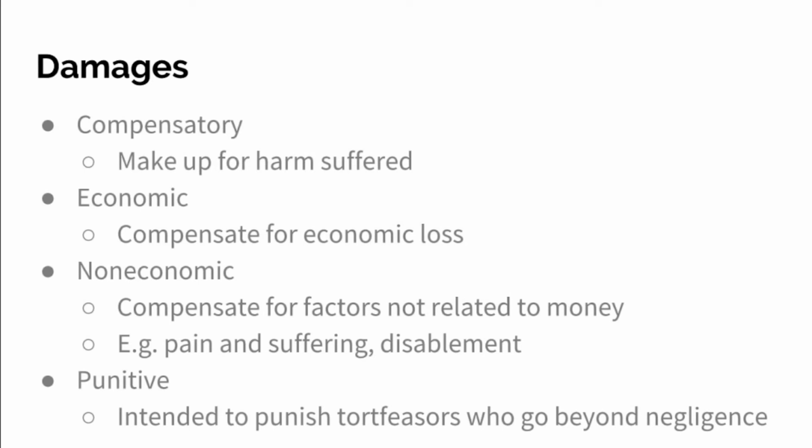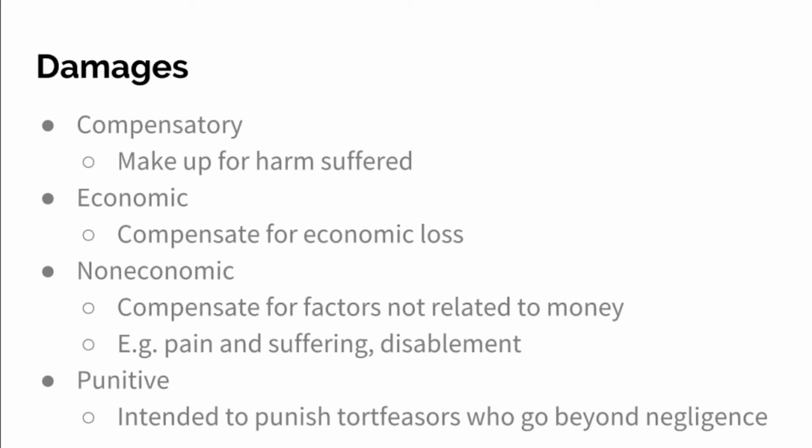When an individual proves their tort case and is awarded compensation for damages, there are a few different kinds of damages that they can receive compensation for. One of them being compensatory damages, which simply makes up for the specific harm that occurred.